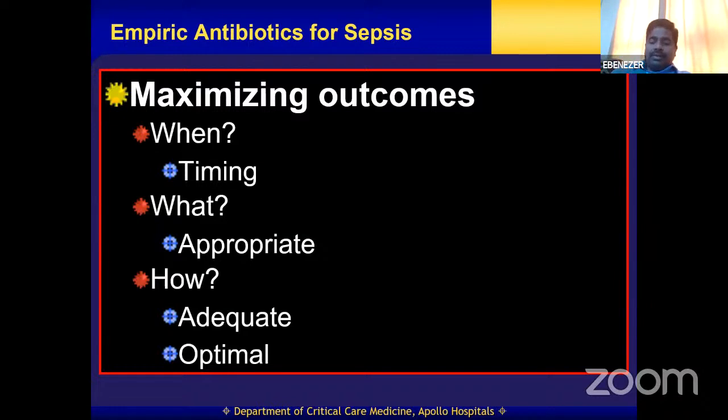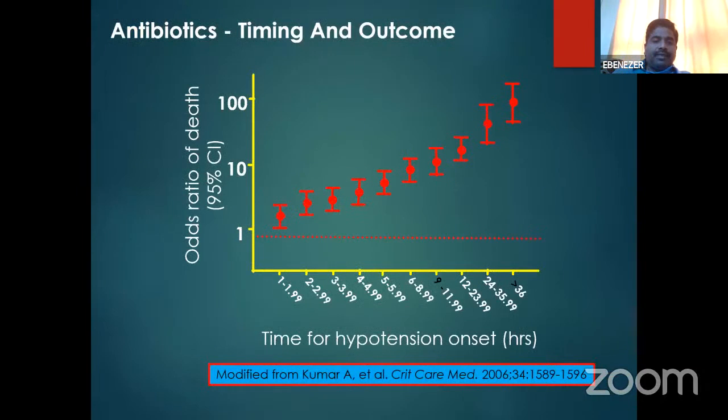Once you've decided about the antibiotic, there are certain things you have to understand. This particular graph clearly proves that the time to antibiotic decides the hypotension effect also. Time to antibiotic decides the mortality also.